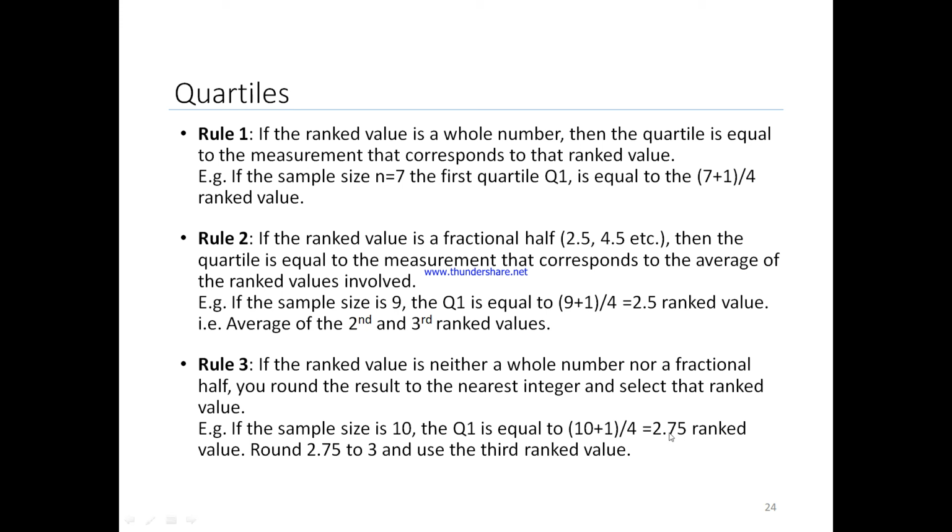But let's say you get something like 2.75, then you have to round this up to the next largest integer, that is 3, and take the value at the third position.